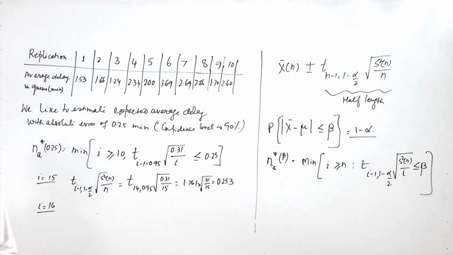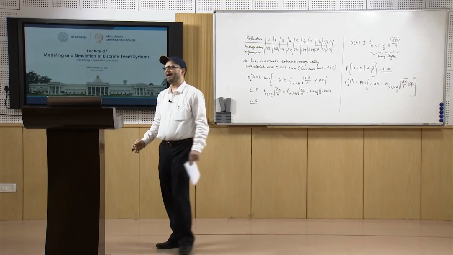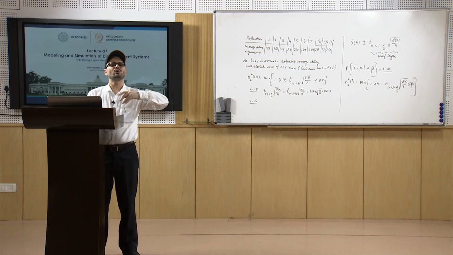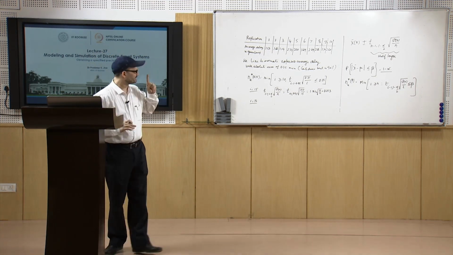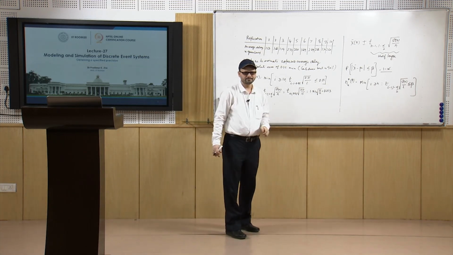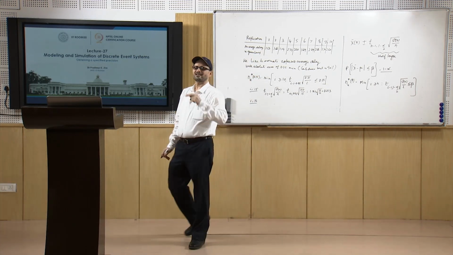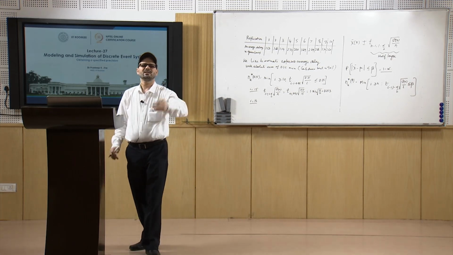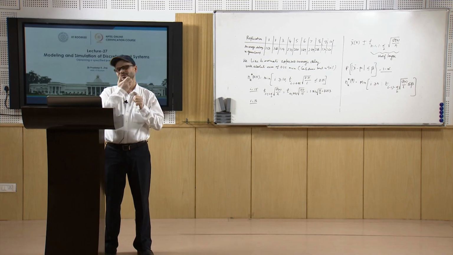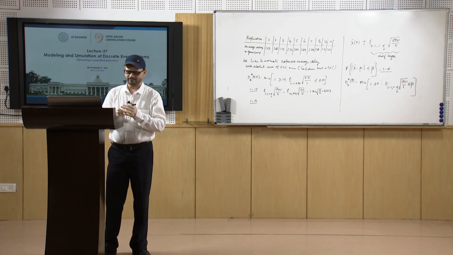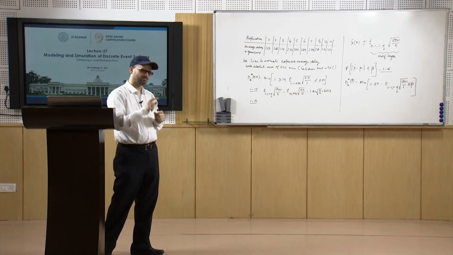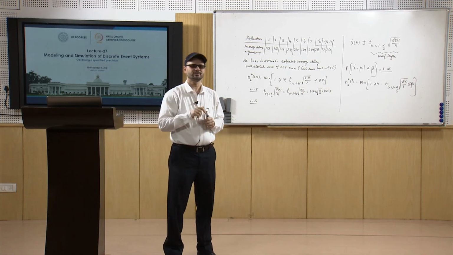We can compute i equal to 16 and you will get some value which will be just below 0.25. So, you can say that if you go for n equal to 16, that many runs you have to complete so that the specified precision of 0.25 is achieved.